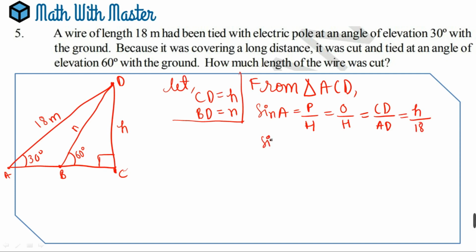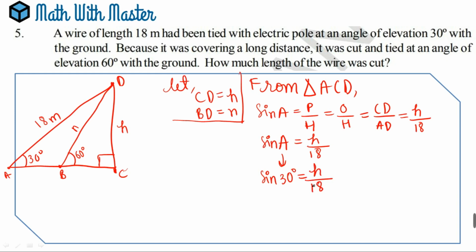So I can say that sine A is equal to H upon 18. So instead of A, I will put the value of A, which is 30 degrees. Sine 30 degrees is equal to H upon 18.